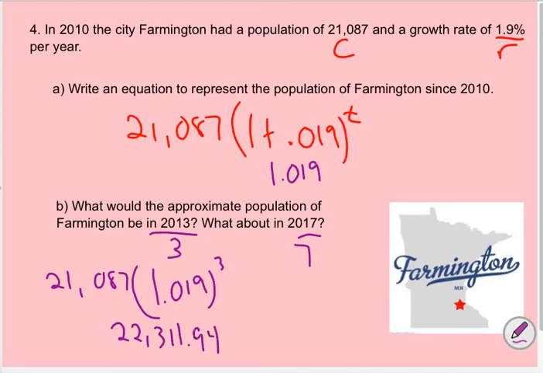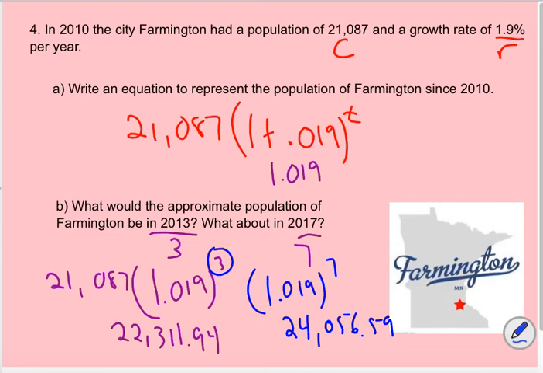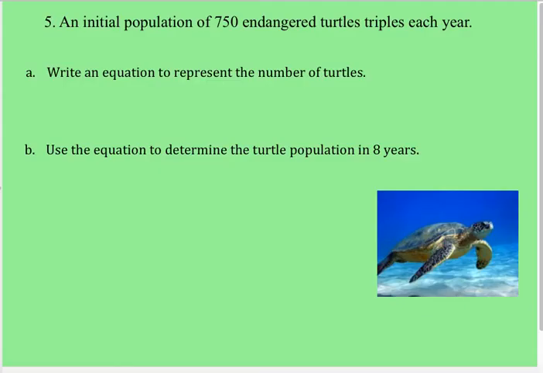So about 22,312 people. 7 years, same idea, except the 3 gets replaced by a 7. So 1.019 to the 7th times 21,087 is going to get you 24,056.59. So about 24,000 people there.